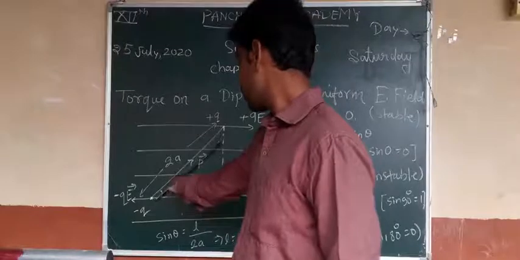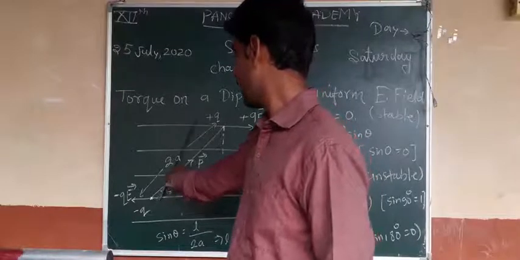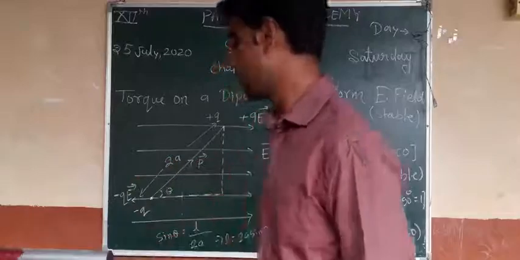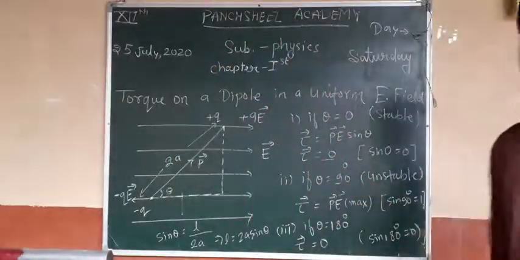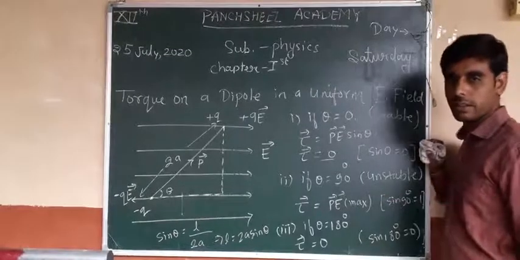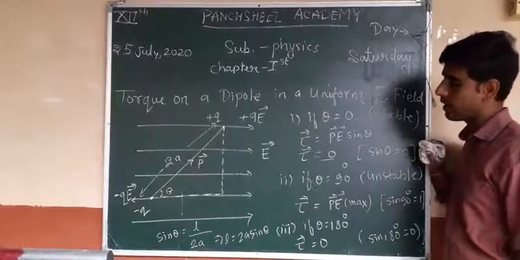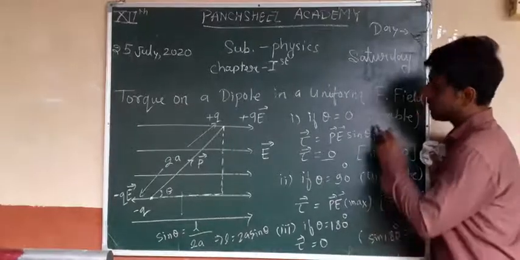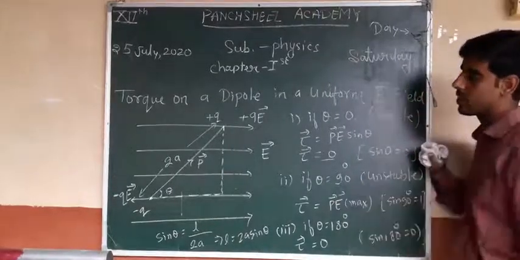So this position is unstable. And 90 degrees is also unstable, and 180 degrees is also an unstable position, because they always try to attain their initial or starting position.